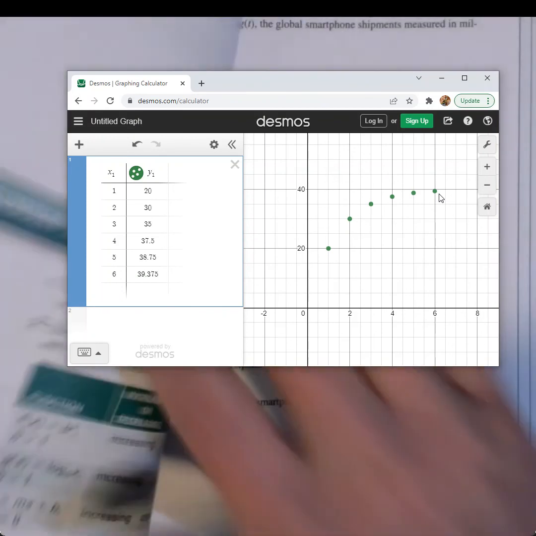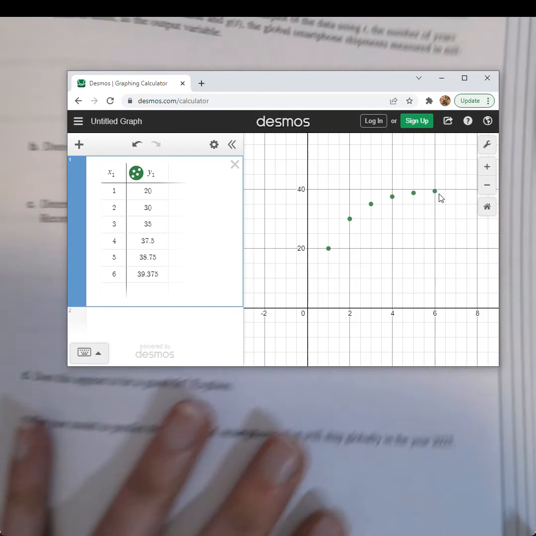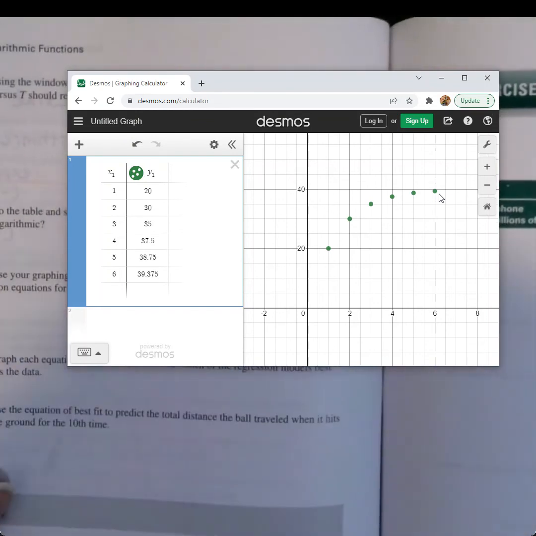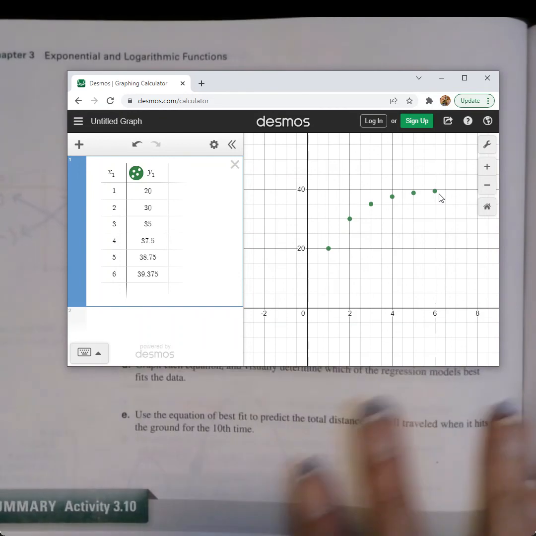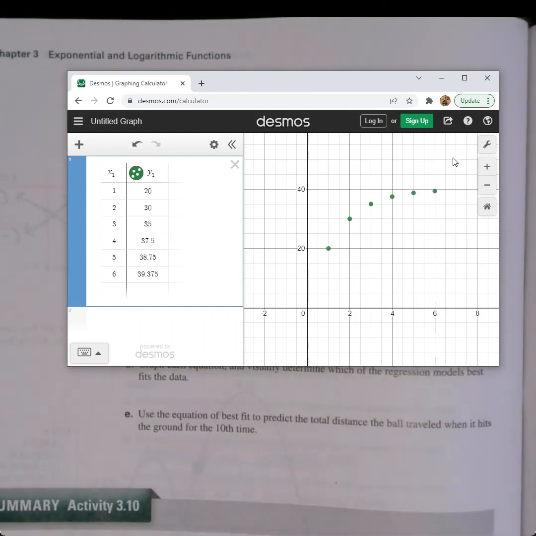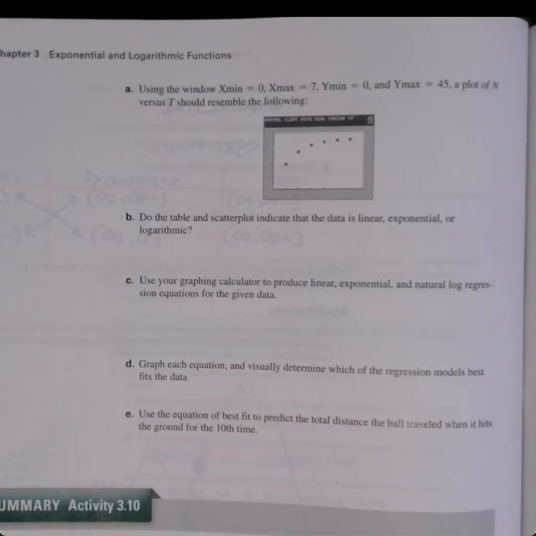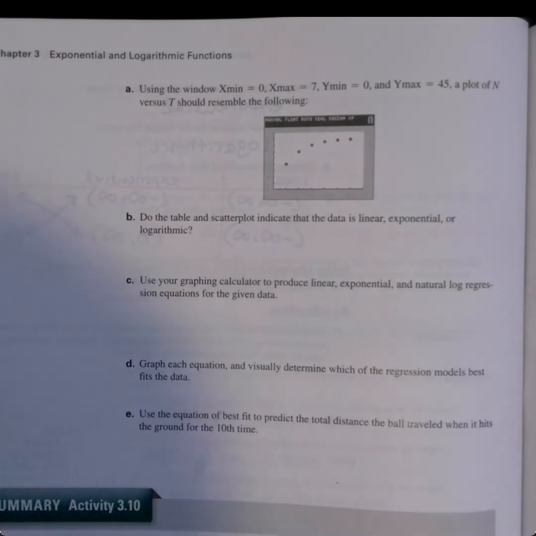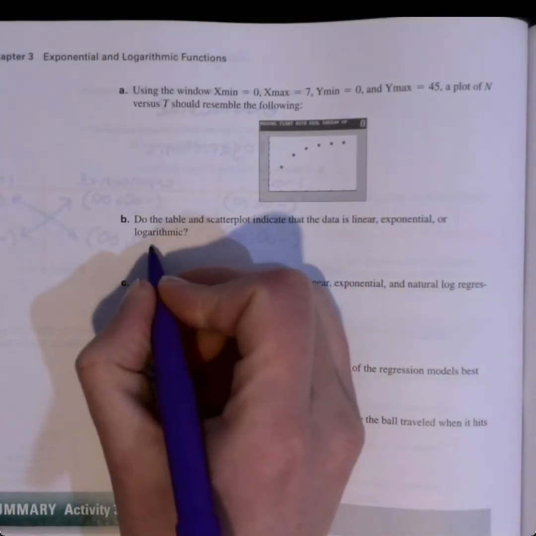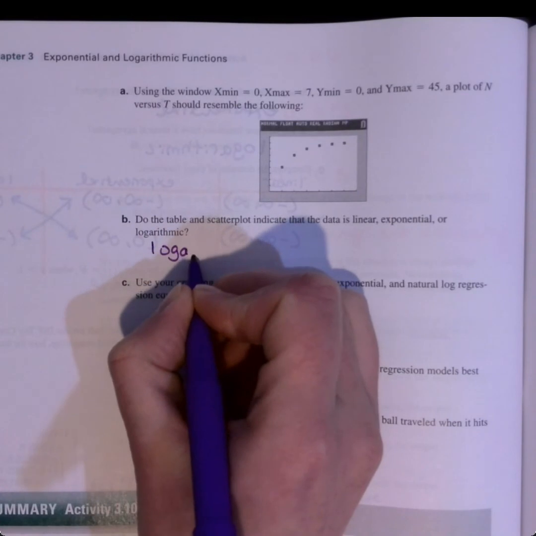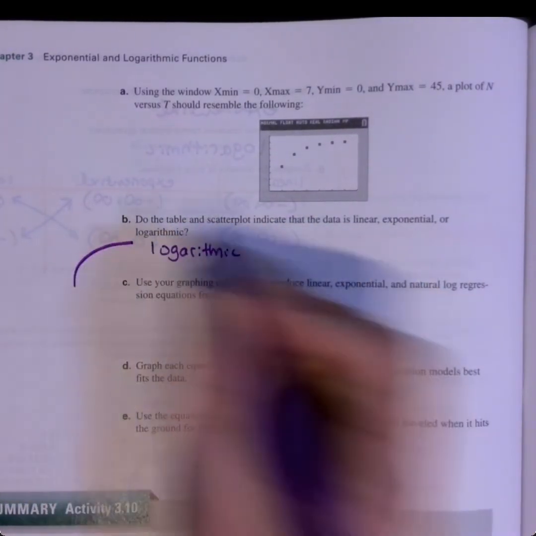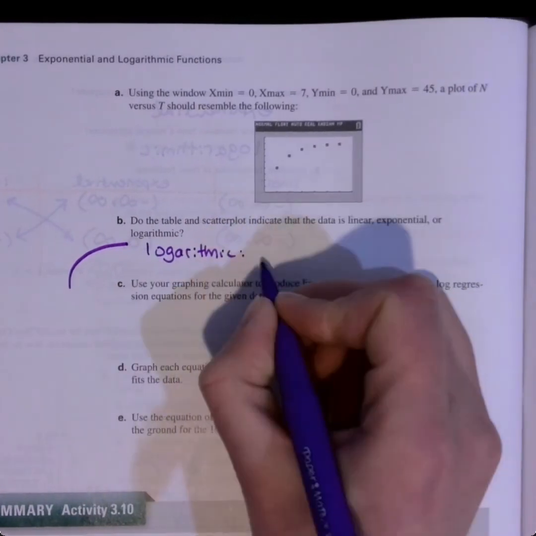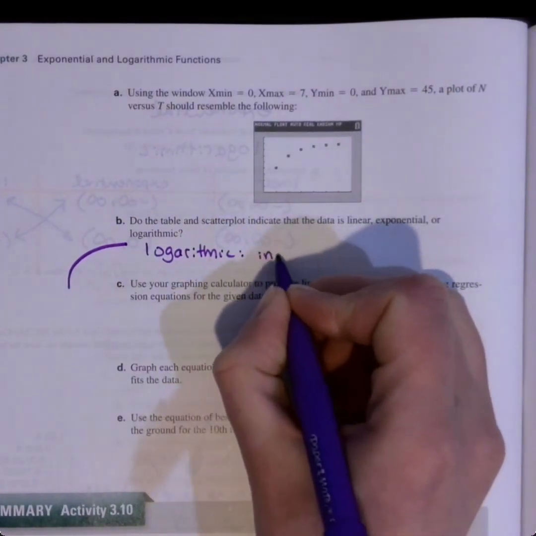Let's go over to our next page. Do the table and scatter plot indicate that the data is linear, exponential, or logarithmic? Well, it's going to indicate that it's logarithmic because it's increasing at a decreasing rate. Because the shape is like this, and it increases, but at slower and slower pace.